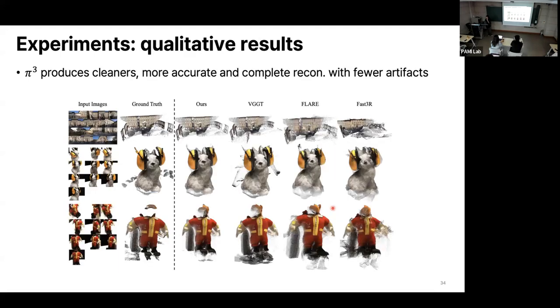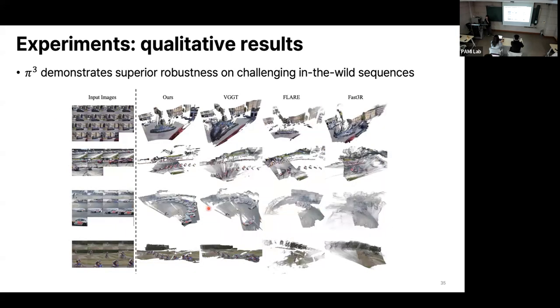And this is the qualitative result, and Pi cube produces cleaner, more accurate, and more complete reconstruction with fewer artifacts. I think this is a really good result for some indoor wide-scale datasets. So Pi cube demonstrates superior robustness on challenging indoor cases.